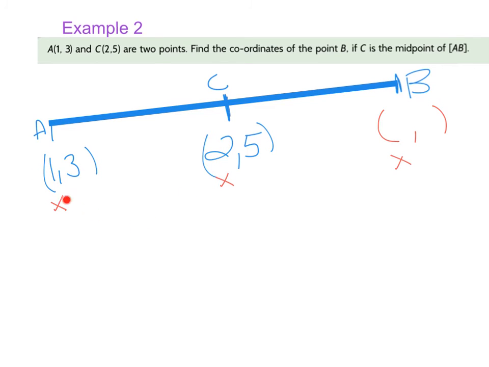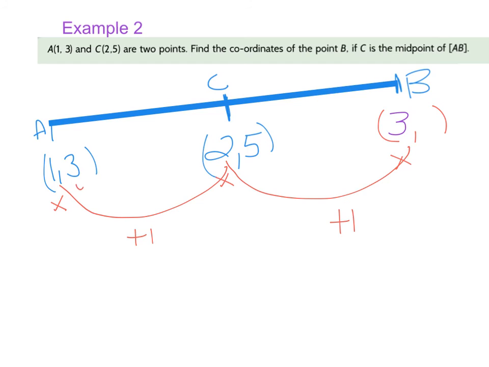And that is halfway. So if we were to continue on, what would be the full way? We can see here that it goes from 1 to 2. So the x-coordinate goes up by +1. So the next x-coordinate, if that was halfway, would be plus another 1. So in this case, it would be 3.